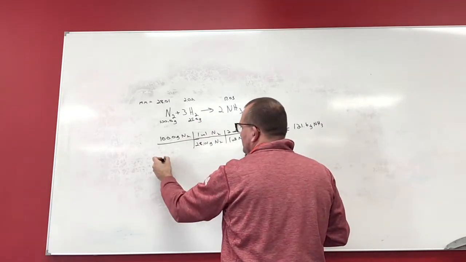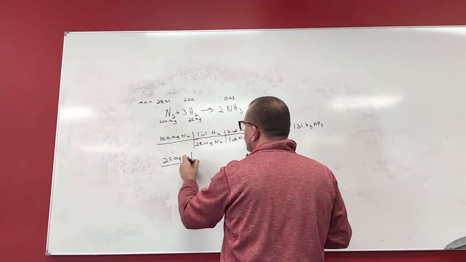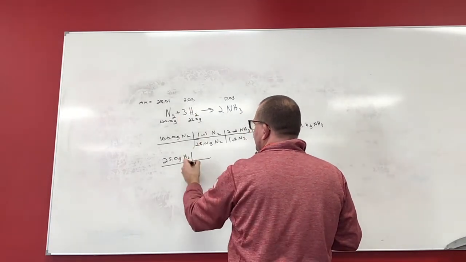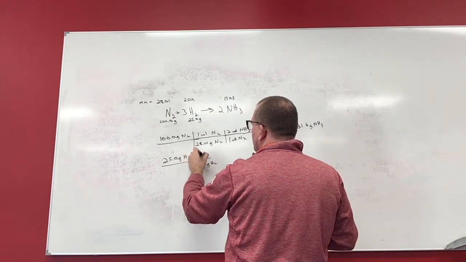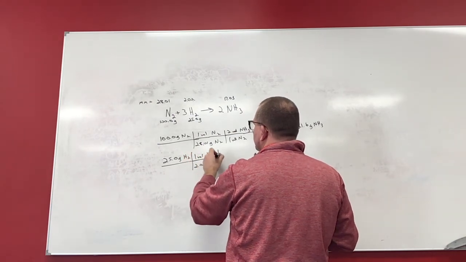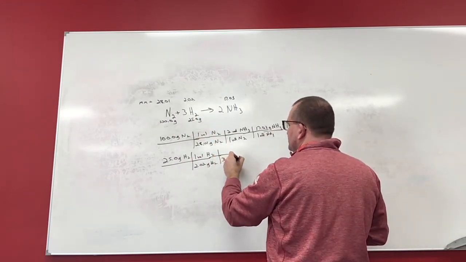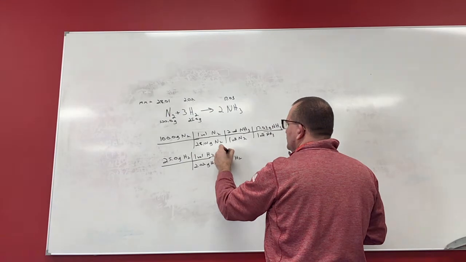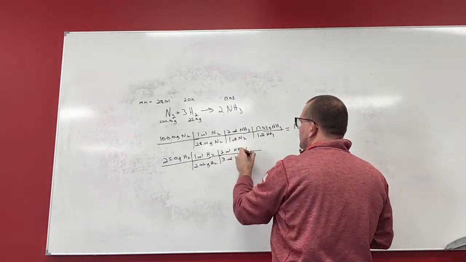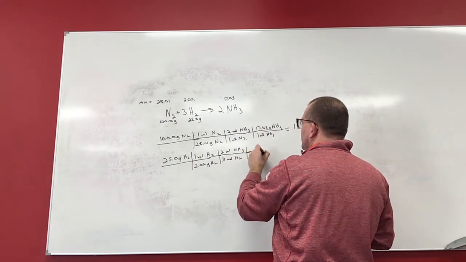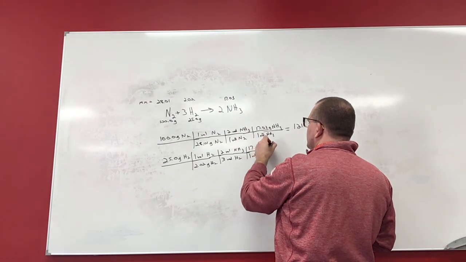Now the hydrogen gas, I've got 25.0 grams of H2. My molar mass is 2.02 grams of H2 per 1 mole of H2. And then I go 3 to 2 ratio, 3 moles of H2 to 2 moles of NH3. And then molar mass, so for every 1 mole of NH3, I've got 17.03 grams of NH3.